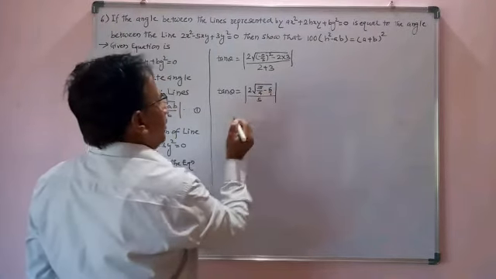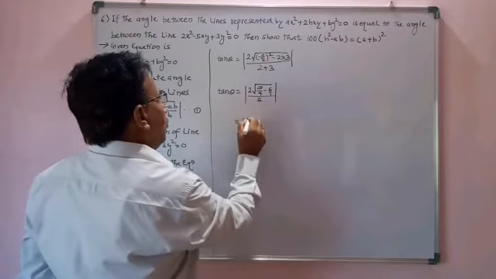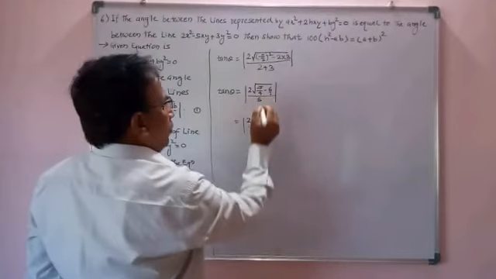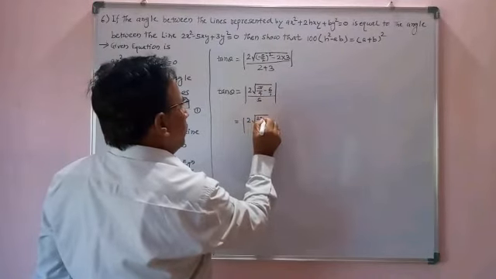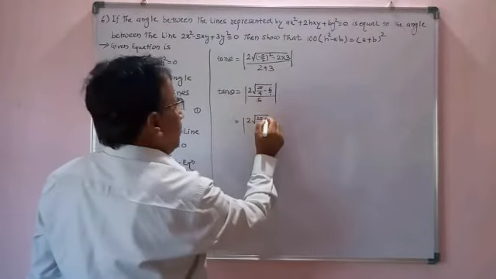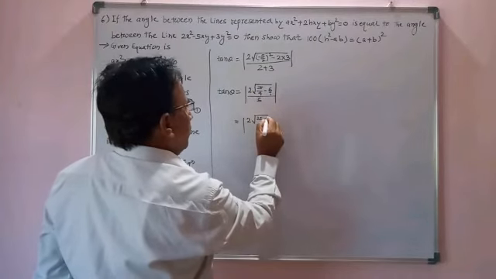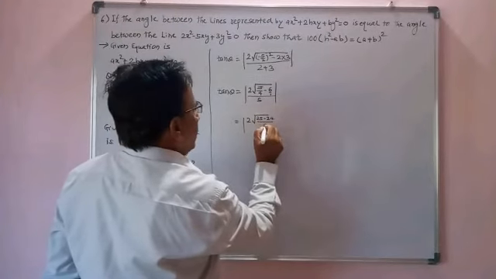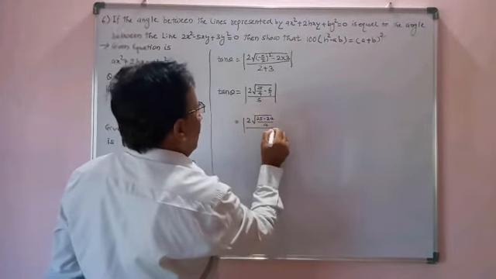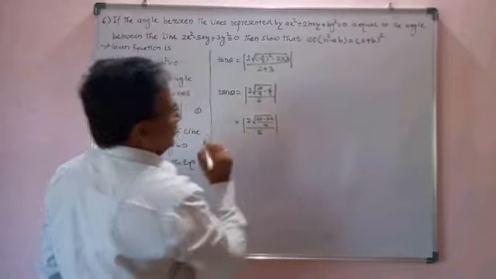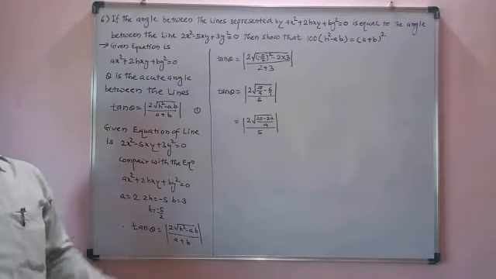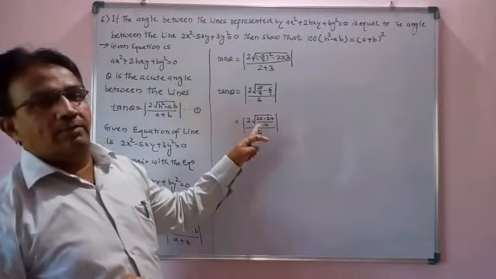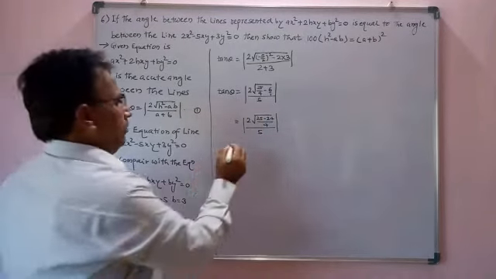We solve under the root with the common denominator: 25 − 24 divided by 4, and all divided by 5.